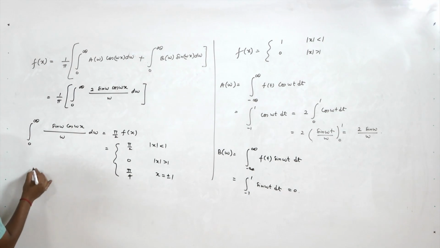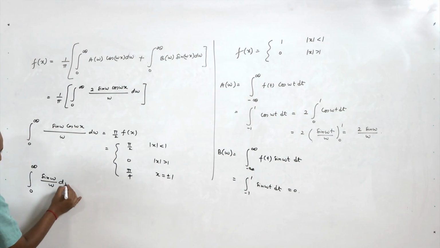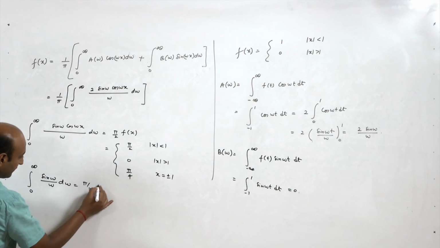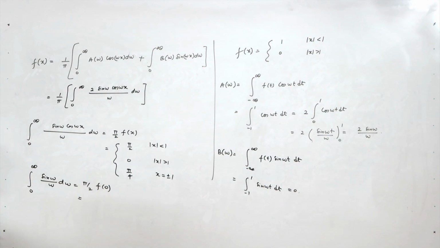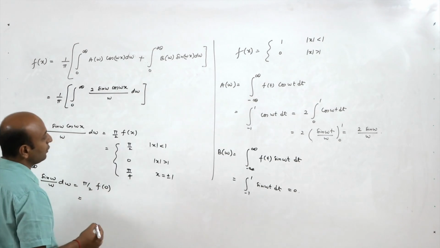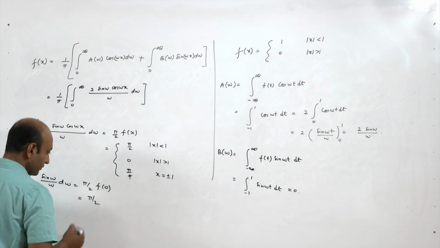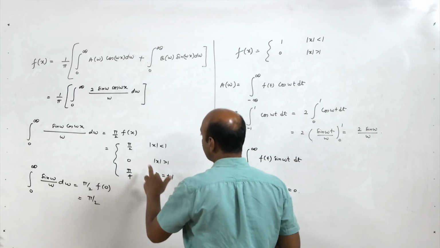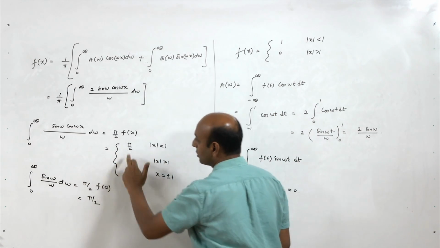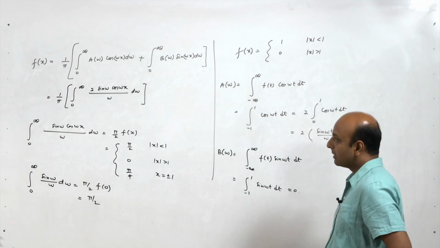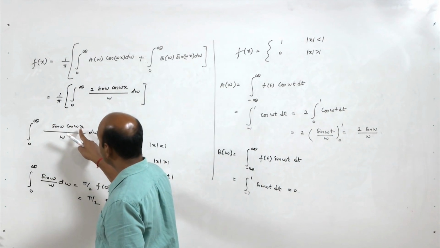So the integral from 0 to infinity of sin omega upon omega d omega equals pi by 2 f0, and when x is 0, f is 1, so it is pi by 2. Or you can directly see from here, when x is 0, the value of this expression is pi by 2. So you can easily see that this value when x is 0.